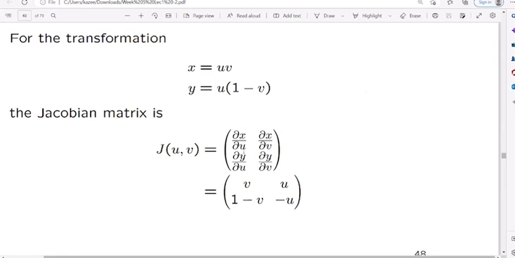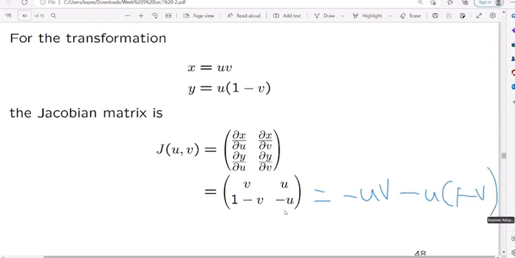So in the second step, you set up your Jacobian matrix. What am I going to do now? I'm going to find the determinant: this multiplied by that, this multiplied by that, then subtract. Super easy, right? So you're going to see minus uv minus u into 1 minus v.